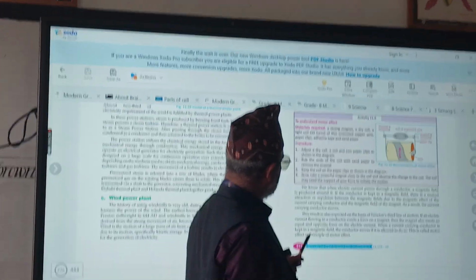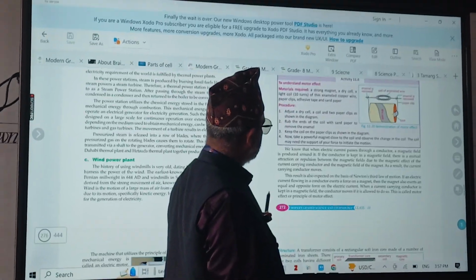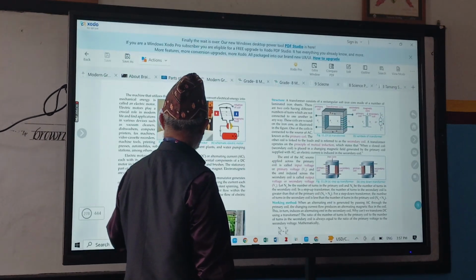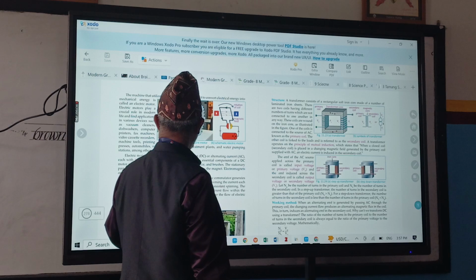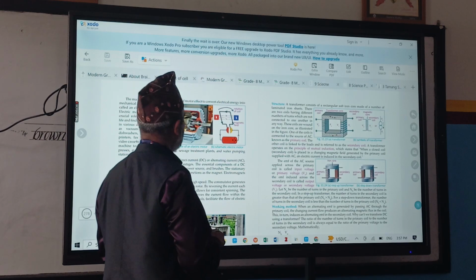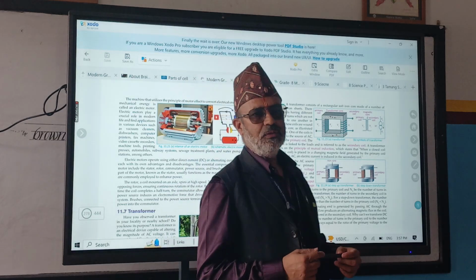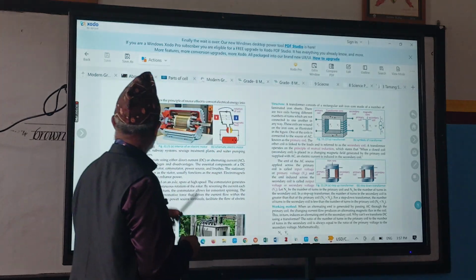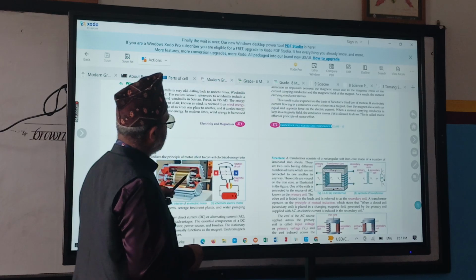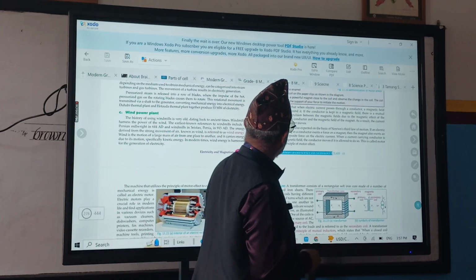So an electric motor converts electrical energy into kinetic energy, and it is based on one principle. What is that principle called? Motor effect. Is motor effect given somewhere else? Children, is it given somewhere else or not?